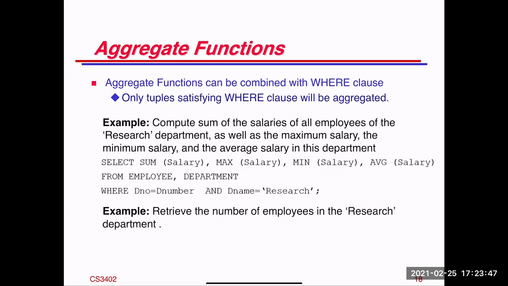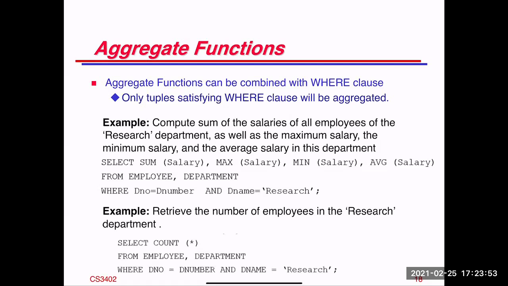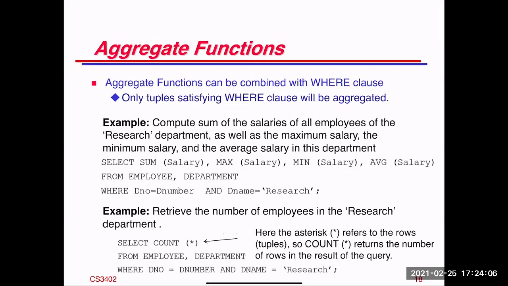Another example is here. Let's say I want to retrieve the number of employees in the research department. In that case, I'm going to use the count function. You can see here that we use count and then this asterisk inside these brackets. What this asterisk means is that it refers to the rows or tuples.